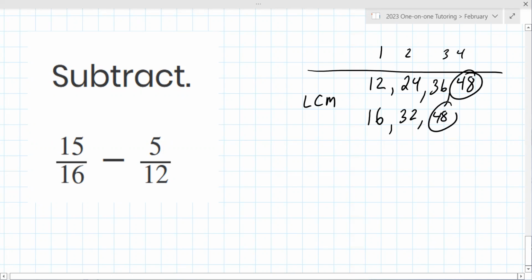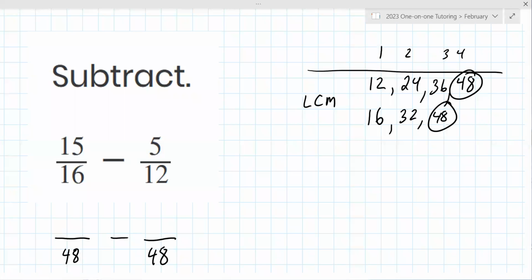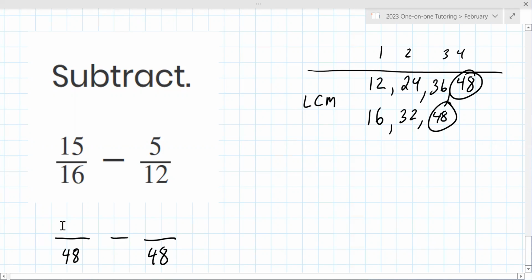See how they're the same? So you write your new denominator on the bottom. All right, so now 16 times what number? How do we go from this 16 to 48? Multiplied by 3.